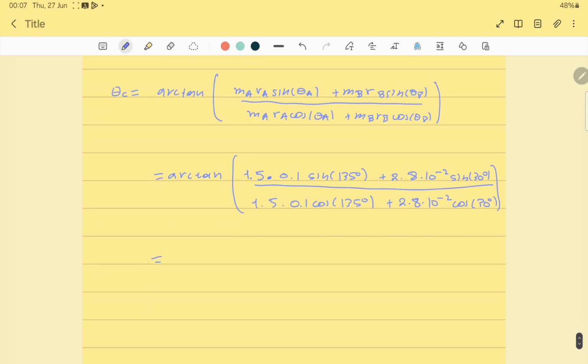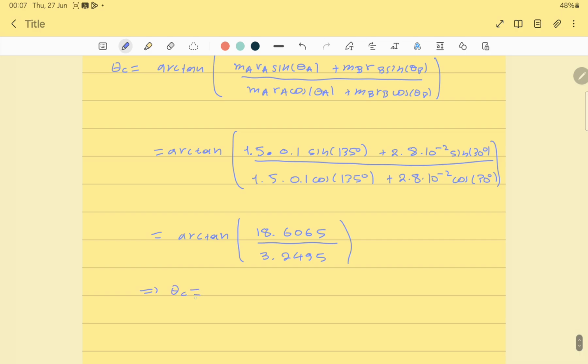Now if you do the calculations, what you get is arctangent. So you do the calculations and you get in the numerator 18.603.65 and in the denominator 3.2495.